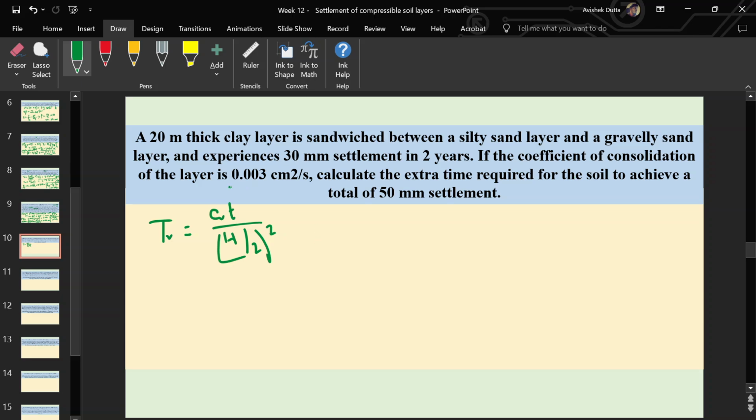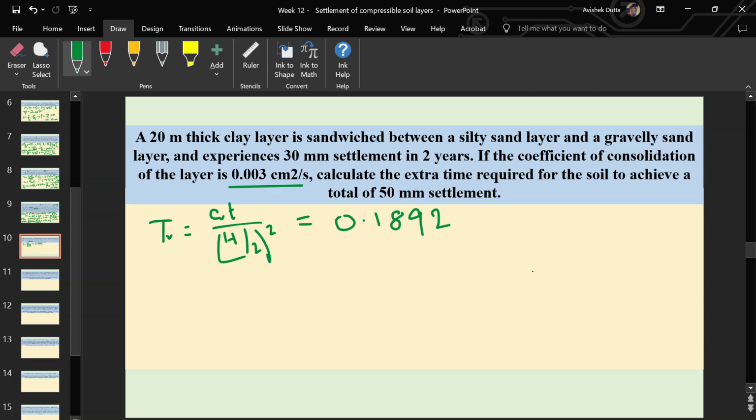Cv is 0.003. Time is 2 years, convert these years into seconds, first days, then hours, then minutes, then seconds, and the thickness of the layer in centimeters. You get Tv approximately equal to 0.1892.